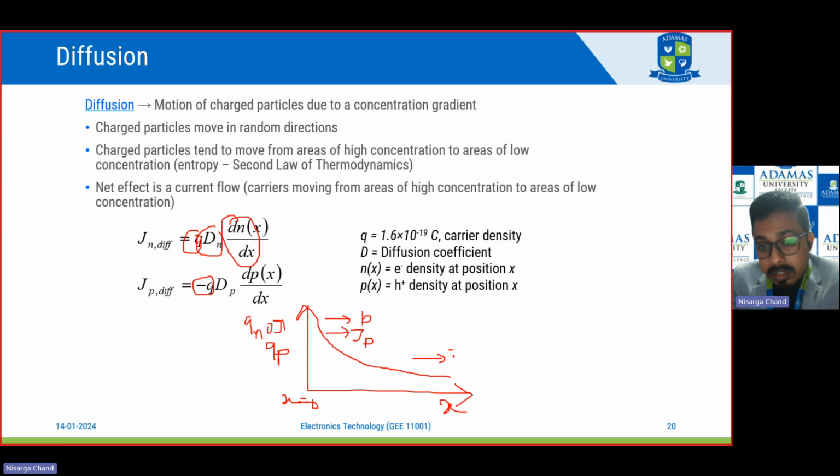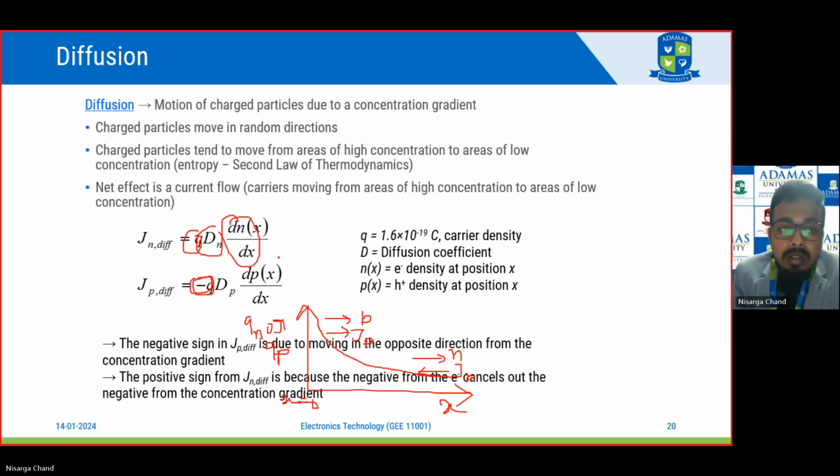Similarly for n, the current direction is the opposite direction of the electrons, that is Jn. So Jp diffusion is negative because the concentration goes from higher to lower, that's why the sign is negative. But for Jn, it is from lower to higher, that's why it is positive. So the negative sign mentions that Jp diffusion is due to moving in the opposite direction from the concentration gradient.